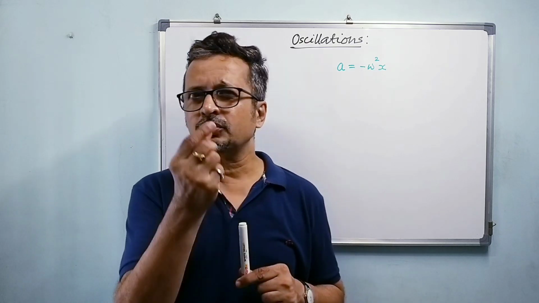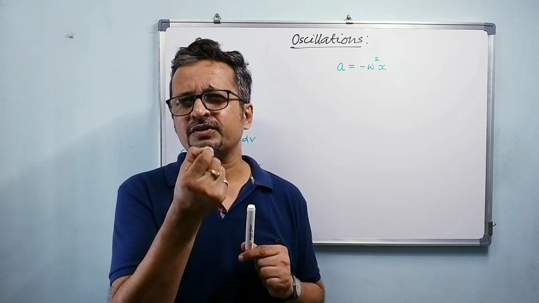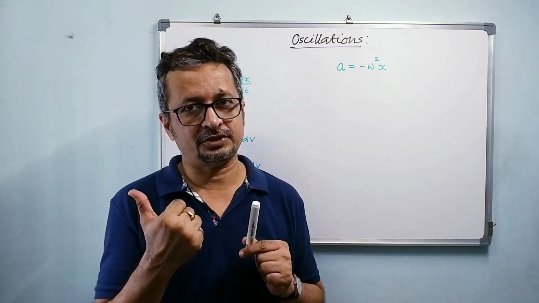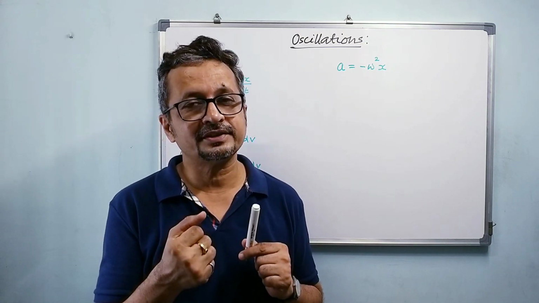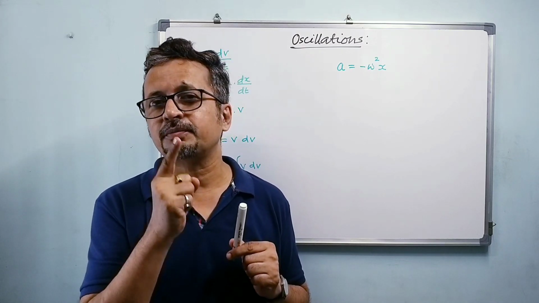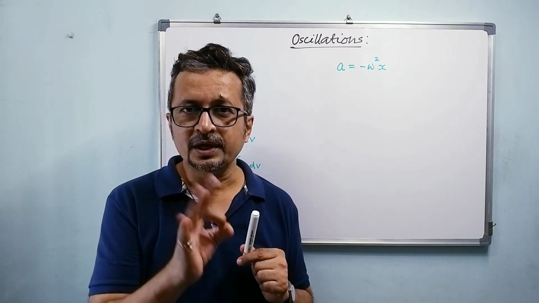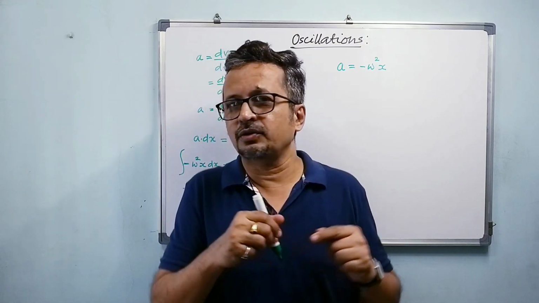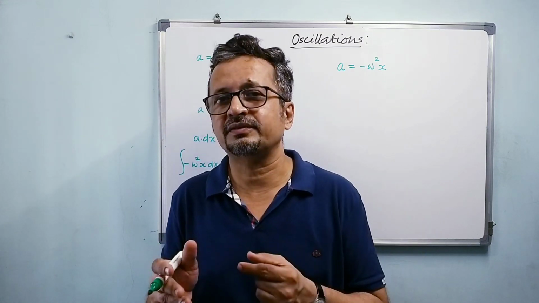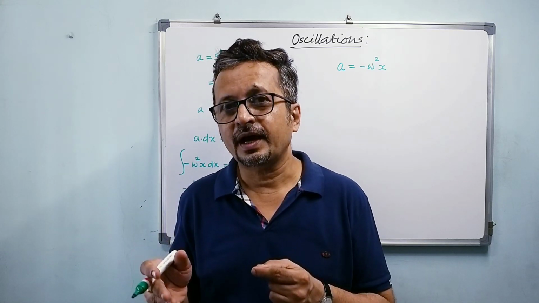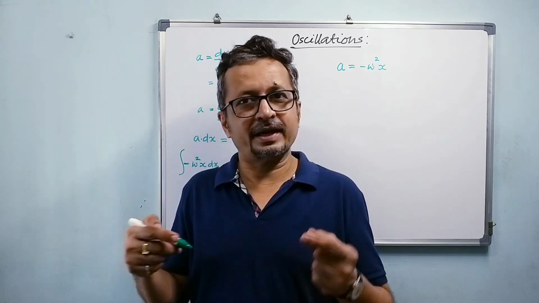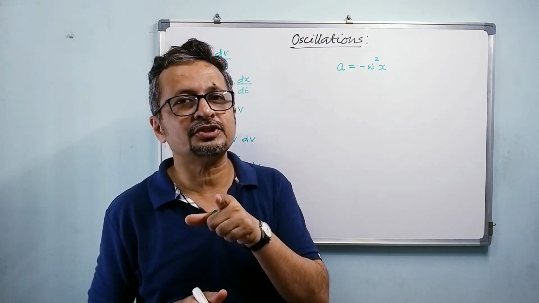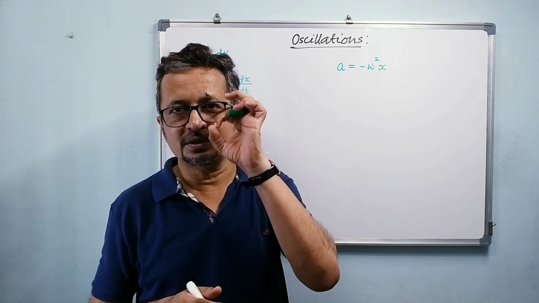So can you say that for a fraction of a second, when it is at the extreme position, the velocity of the bob becomes zero and it reverses direction? The velocity which was positive reduced to zero and got reversed. Now it became negative, started moving in the opposite direction. So that means at my extreme position, my velocity is equal to zero.